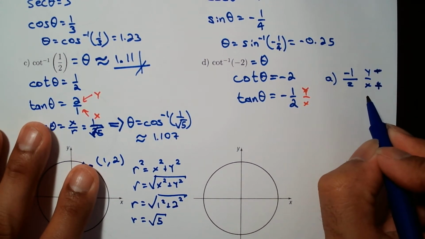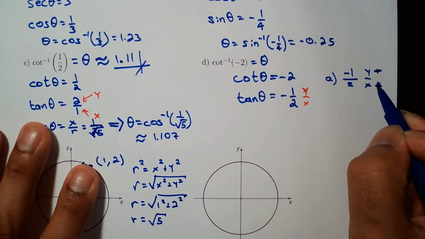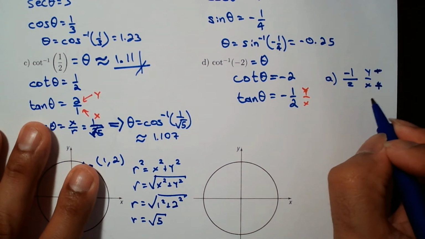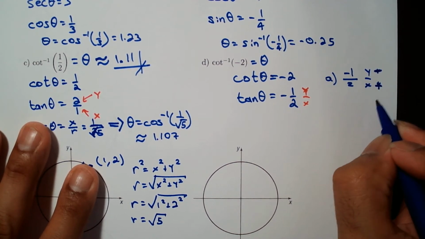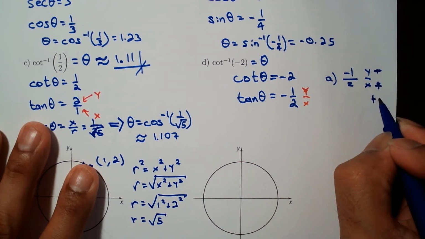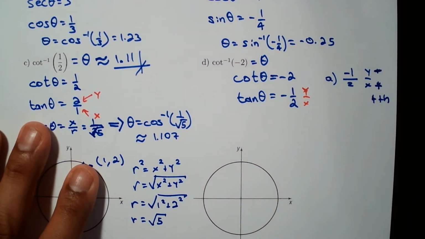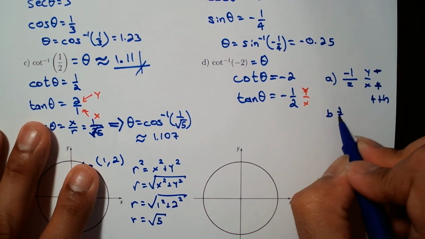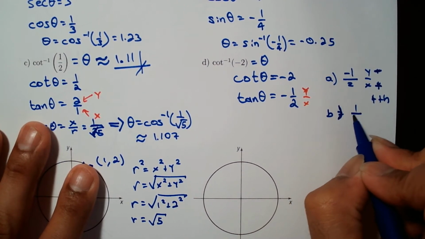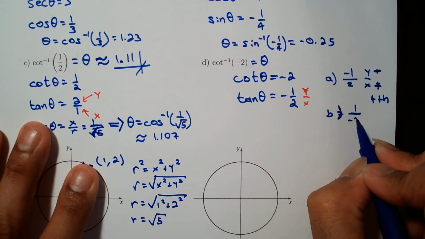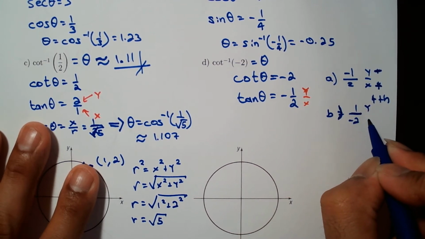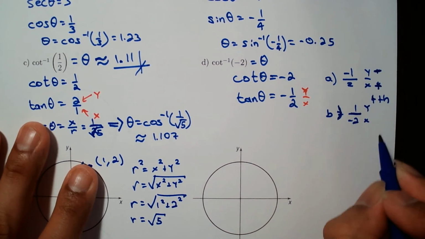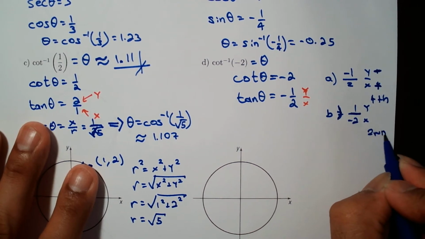Well, this point would be in the fourth quadrant. All right. Otherwise, if y is positive and x is negative, then we would be in the second quadrant.